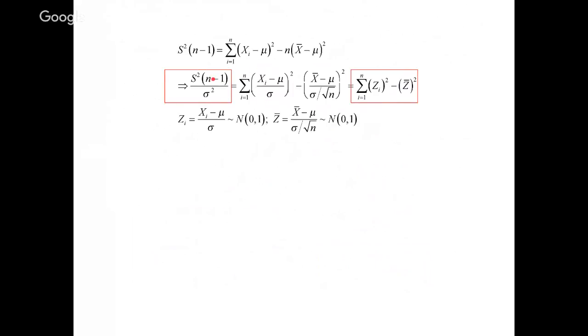So that's what I'm trying to say. Now we've expressed the sample variance, normalized by the population variance, in terms of the sum of two quantities squared, one of which is zi, which we know has a standard normal distribution, and that's what that squiggly means.